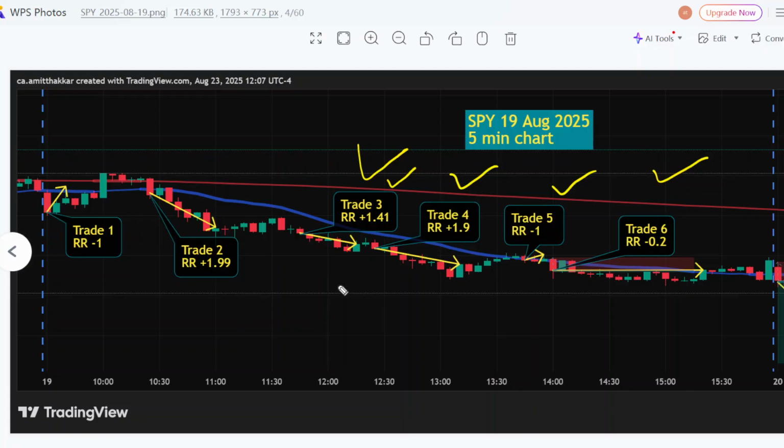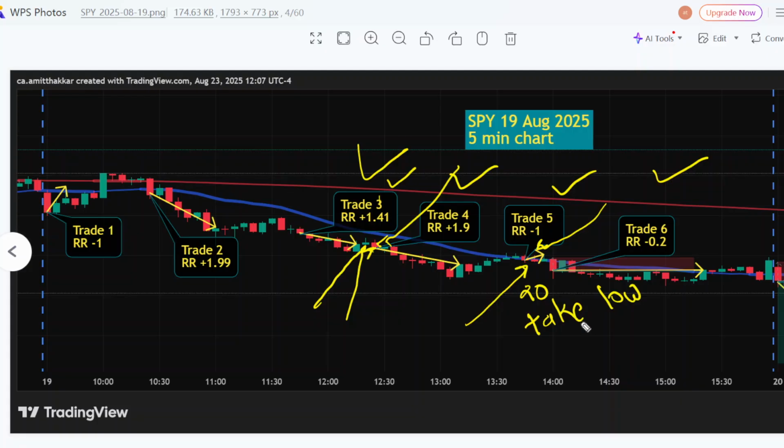So the logic is the same. The market comes near the 20 period moving average, it crosses the green candle, and we take a short trade on trade number 4. Similarly, trade number 5 is also taken when the market is near the 20 moving average, and it takes out the low of the previous green candle.